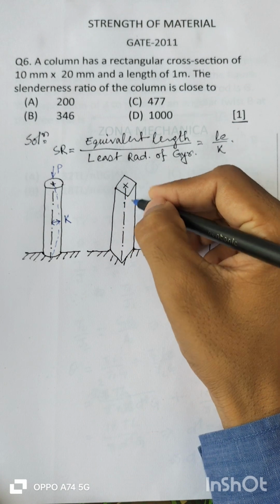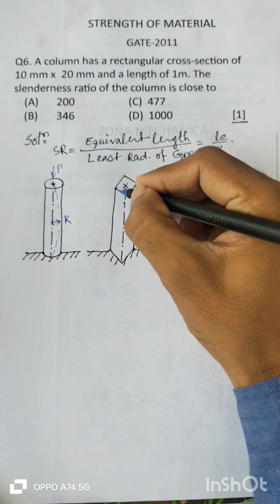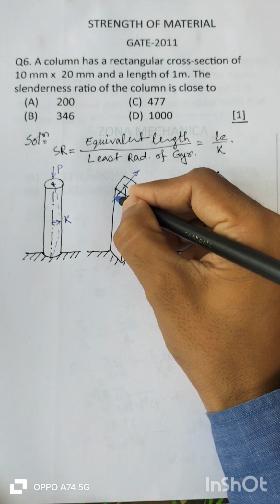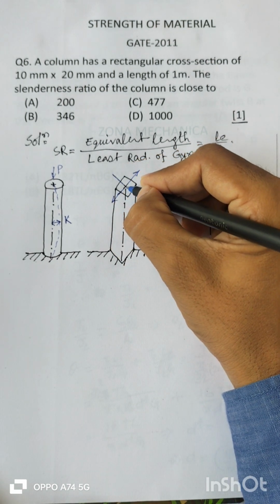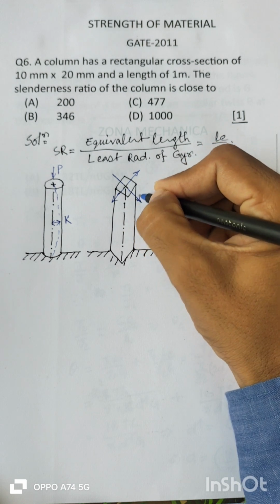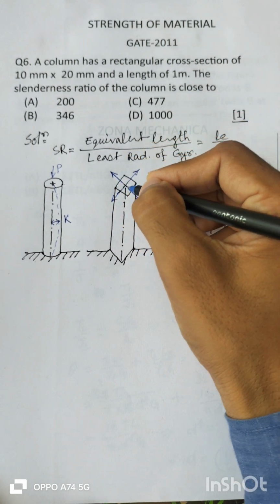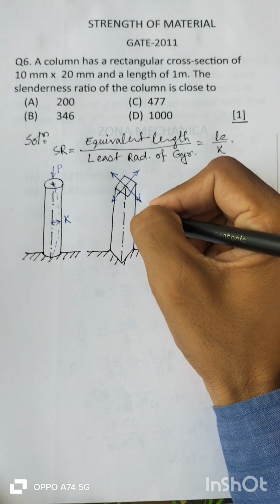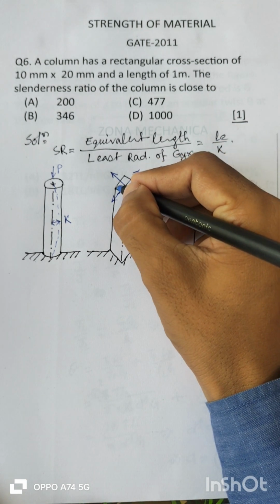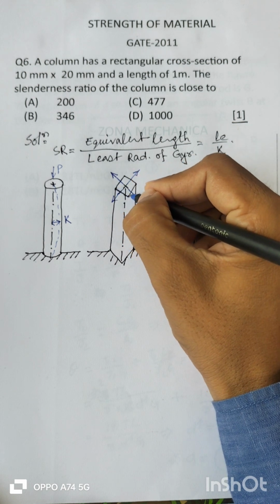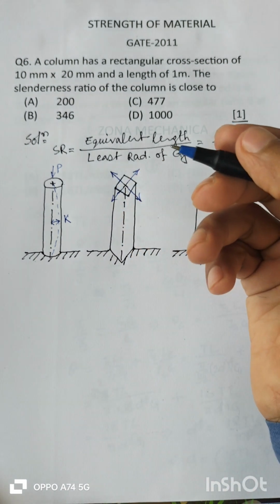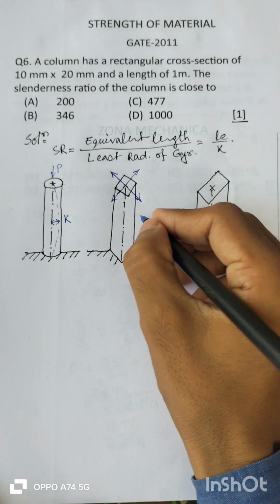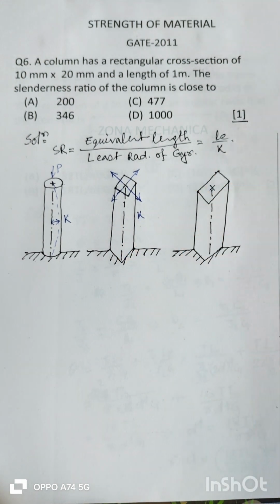And for the square cross section it may buckle in two directions, either in this direction or in this direction. In either direction it buckles, the radius of gyration will be same because these two sides are equal.